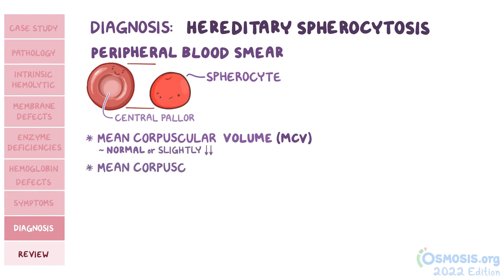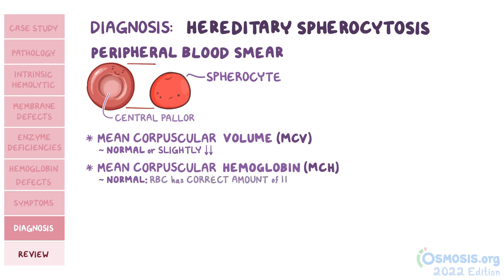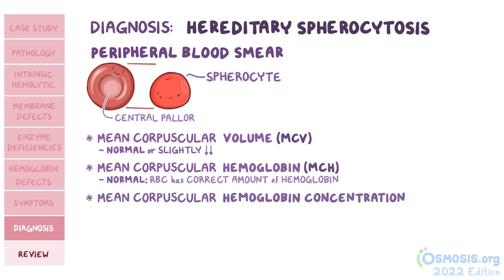The mean corpuscular hemoglobin, or MCH, is normal, meaning that every RBC has the correct amount of hemoglobin, but the mean corpuscular hemoglobin concentration, or MCHC, is increased due to membrane loss and RBC dehydration. So, for the test, remember that increased MCHC can be helpful in making the diagnosis.